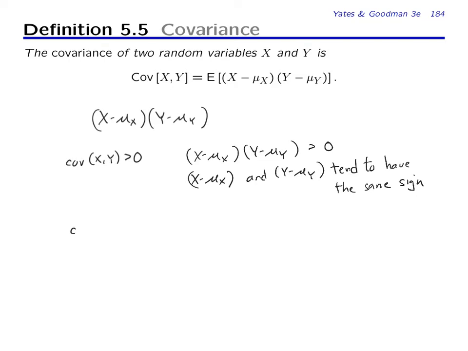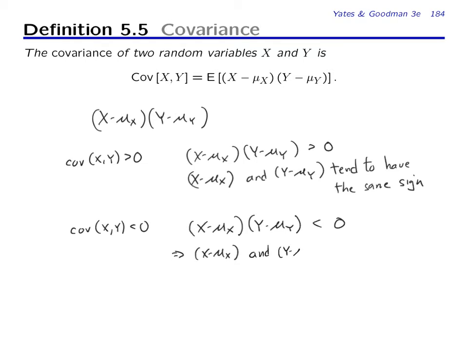On the other hand, if covariance of X and Y is less than 0, then X minus mu X times Y minus mu Y tends to be less than 0. And that corresponds to X minus mu X and Y minus mu Y tending to have opposite sign.